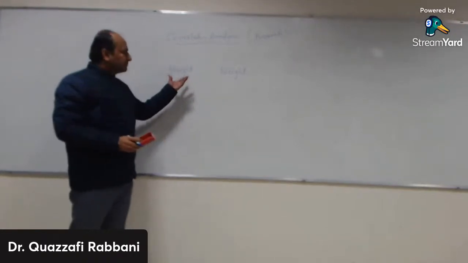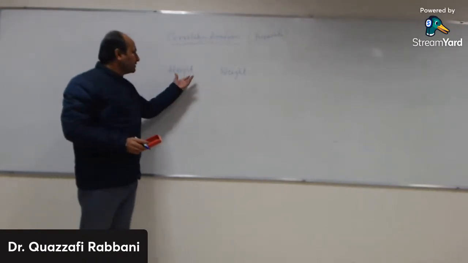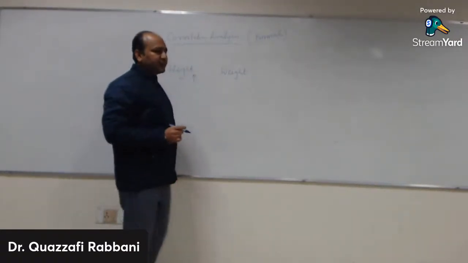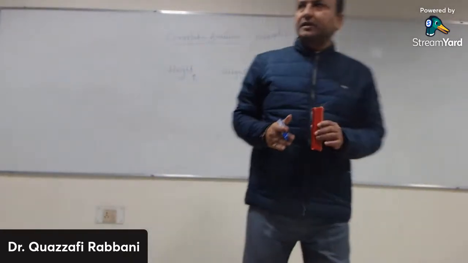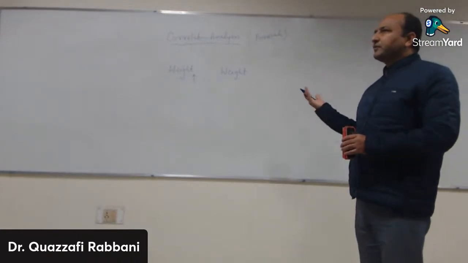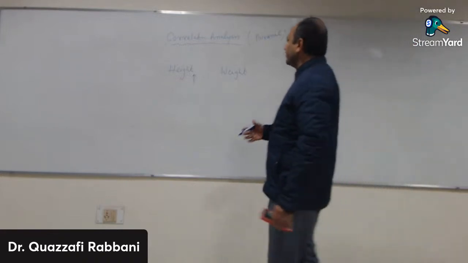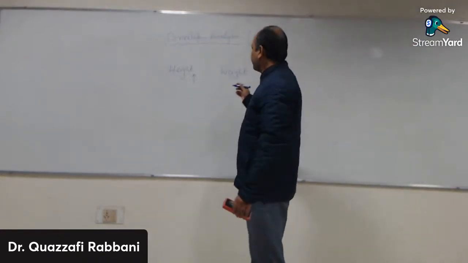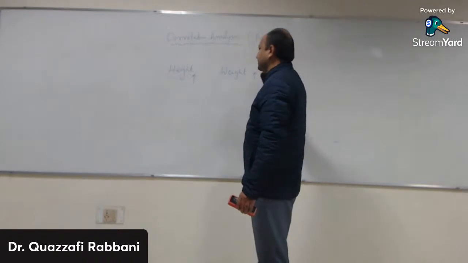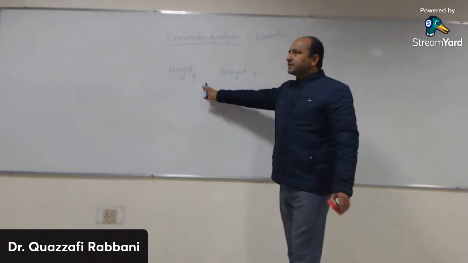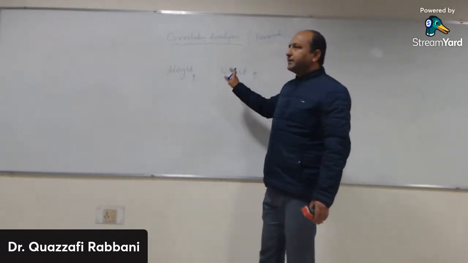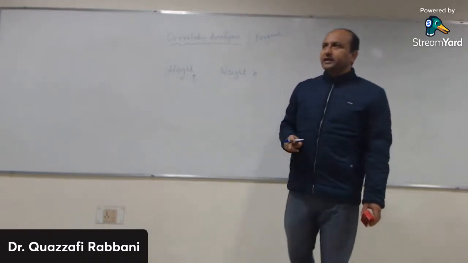If someone's height is increasing, what is the effect on their weight? Obviously, if height increases, weight will also increase. So you can say that these two variables, height and weight, are correlated.